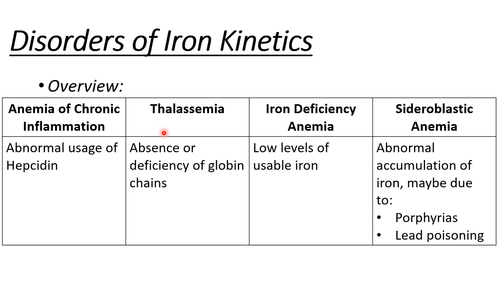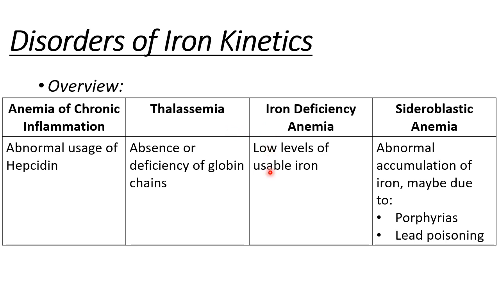Sa thalassemia naman, there's an absence or deficiency of globin chains. Remember, globin chains comprises your hemoglobin. No? Kapag walang globin or kokonti yung ating globin protein, hindi nabubuo ng sufficiently or effectively yung hemoglobin. So therefore, yung iron storage natin mababa din.